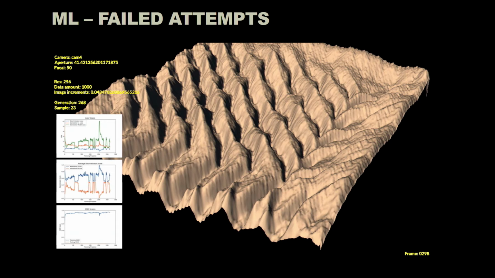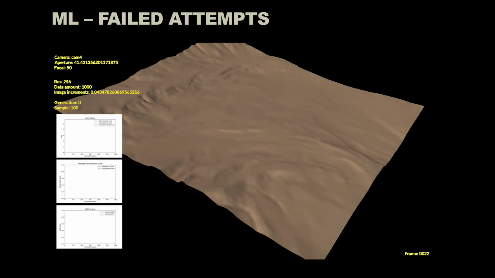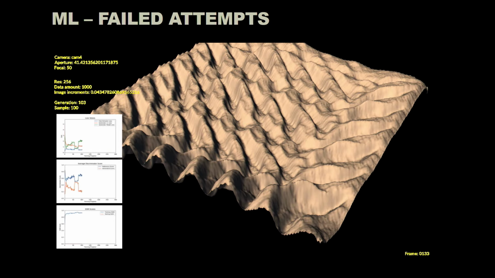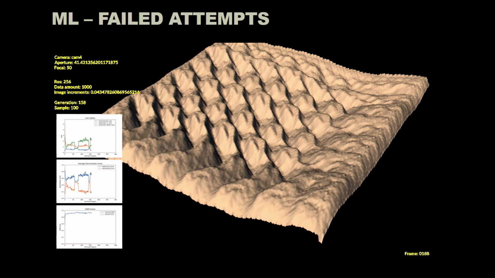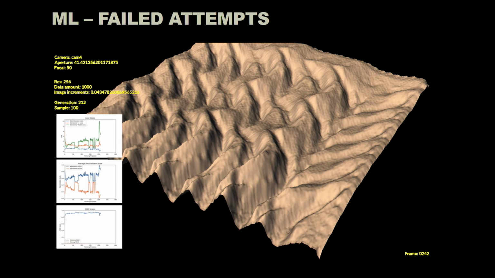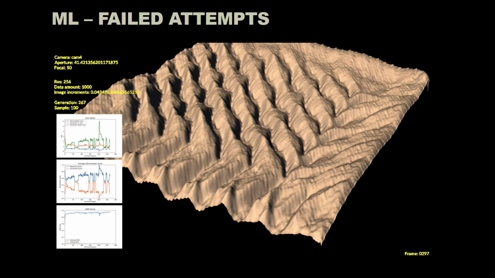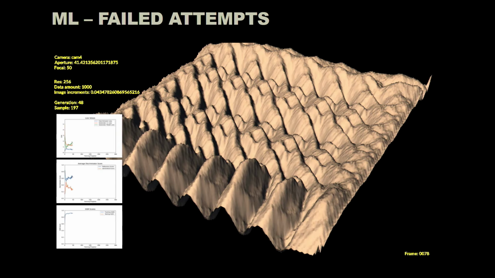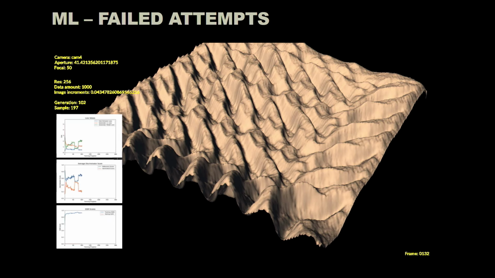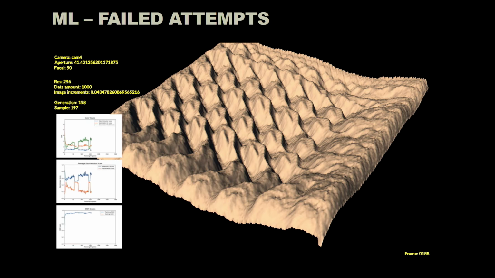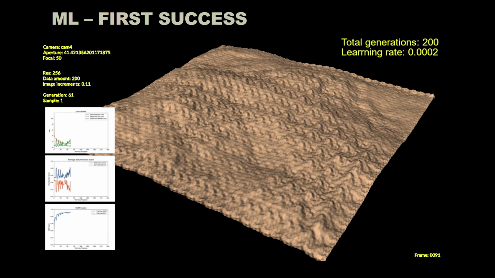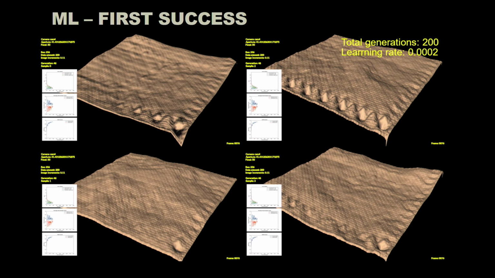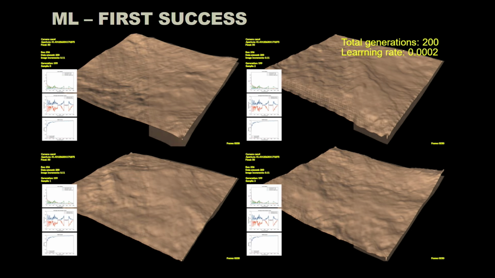So you see these plots? Yeah, this blue and orange line should converge in the middle. So at some point I got something that looked more successful.